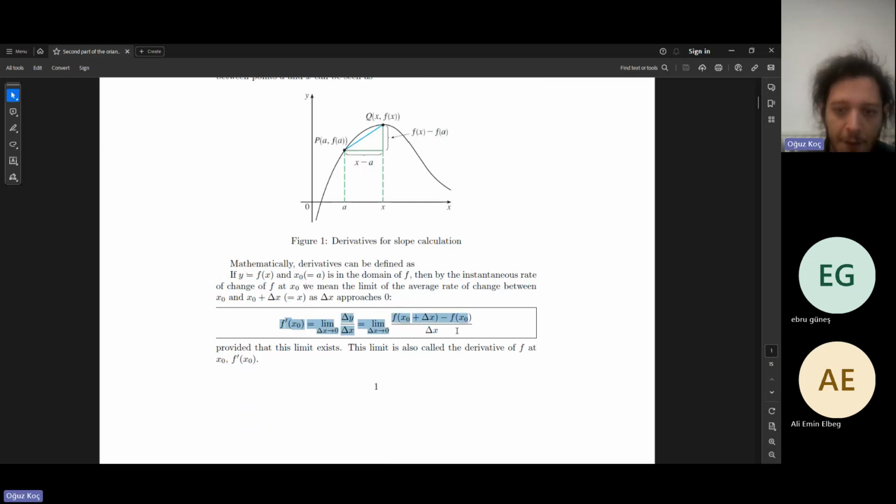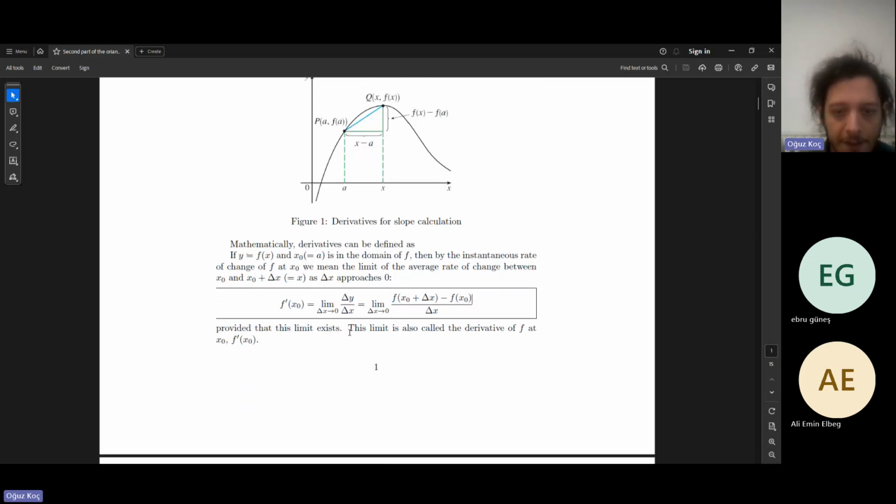Actually, this is the mathematical definition of derivatives, and it comes from limits. This limit is also called the derivative of f at x0, and it's denoted as f prime of x0.